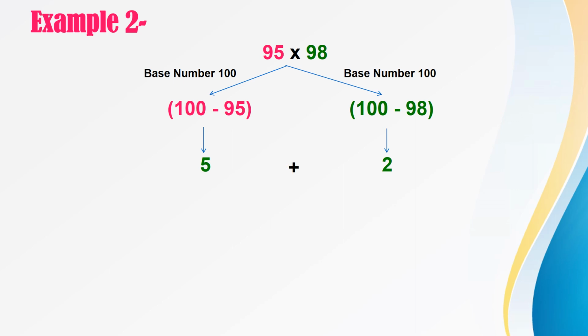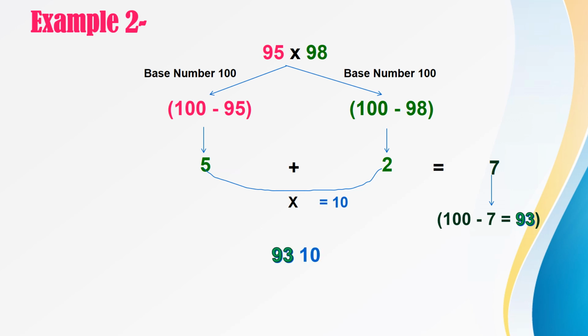Now, add them, subtract the sum from 100, multiply 5 into 2 to get 10, and there you go. Your answer for the problem 95 into 98 is 9310.